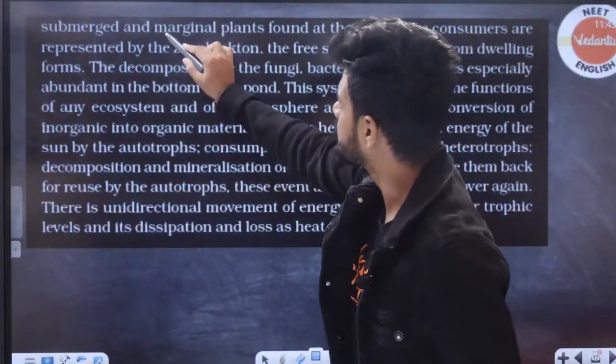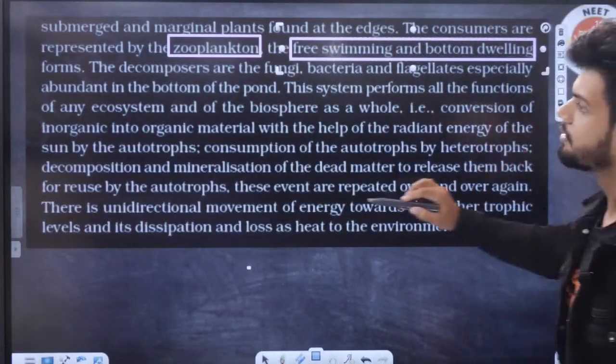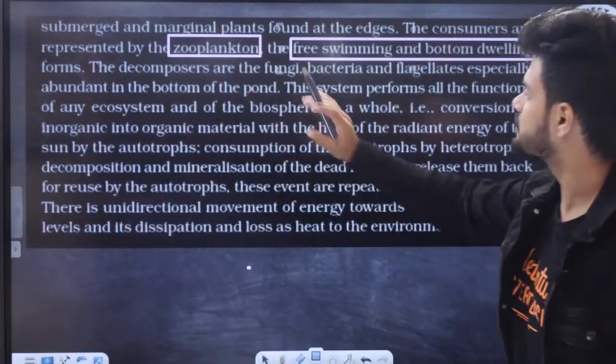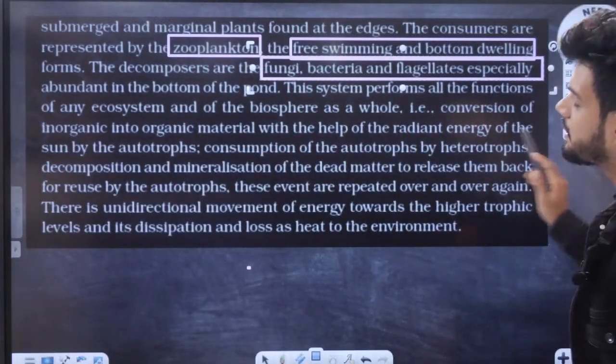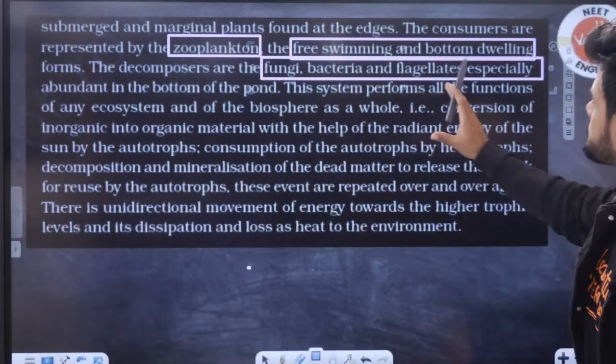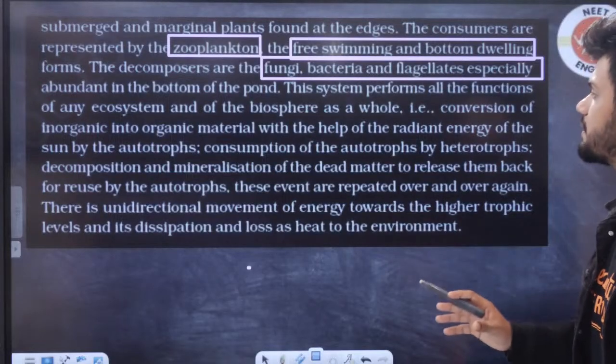The consumers are represented by zooplankton, and free floating and bottom dwelling forms. The decomposers are fungi, bacteria, and flagellates, especially abundant at the bottom of the pond. This system performs all the functions of an ecosystem and of the biosphere as a whole.